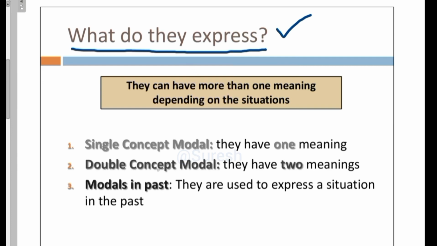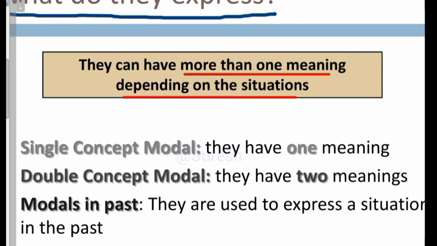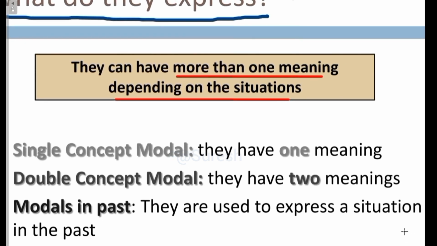Main thing about modal verbs, you have to understand this very clearly. Modal verbs can have more than one meaning depending on the situations. Keep that in your mind, because when you make so many sentences and write so many examples, you may have to keep this rule in mind.